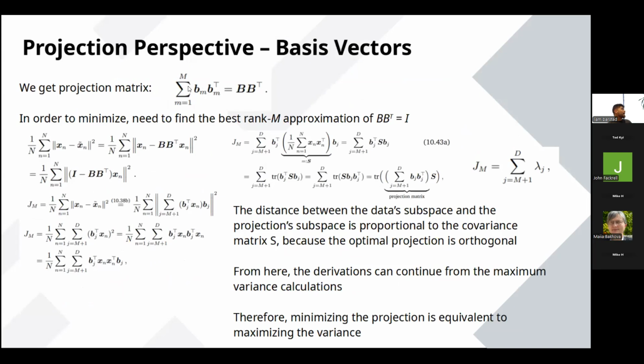But now that we have this projection matrix, right, this basis vector squared essentially, b times itself transposed, is the projection of x onto this optimal projection here.